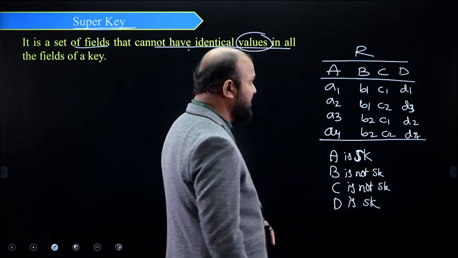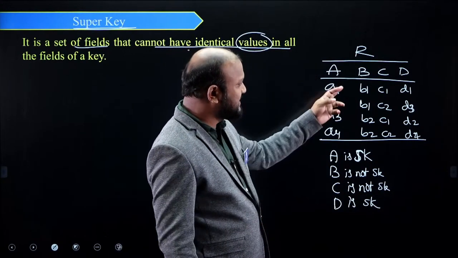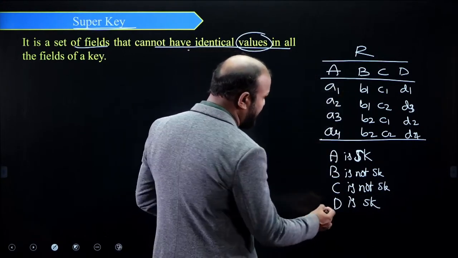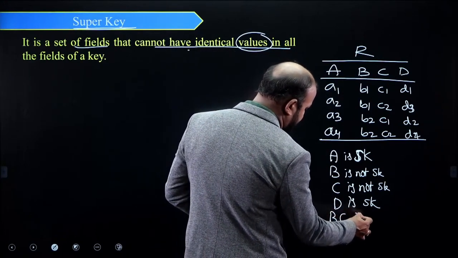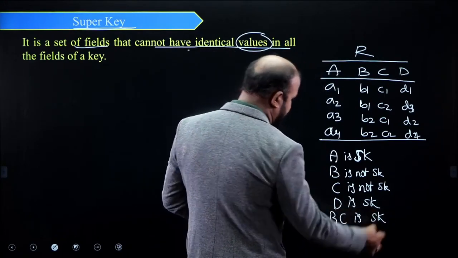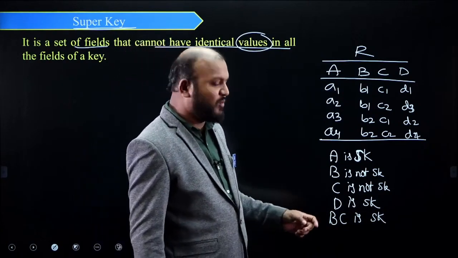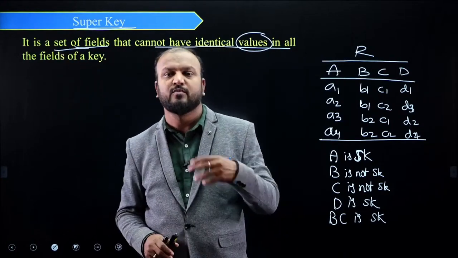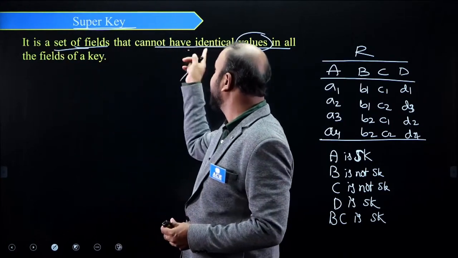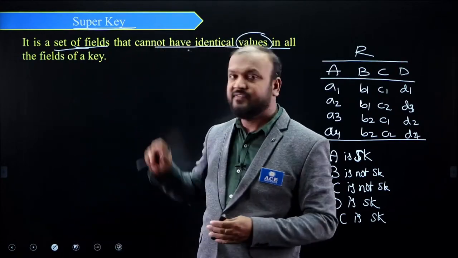Fine. Now I'm asking you a question. Can I call the combination BC a super key? Just think and tell me. So what is the definition? It is a set of fields, maybe one field or more than one field, that cannot have identical values in all the fields of a key.